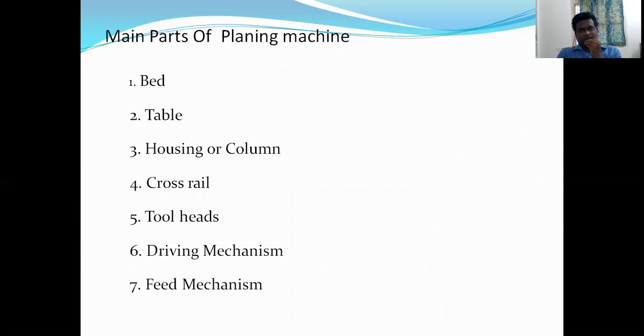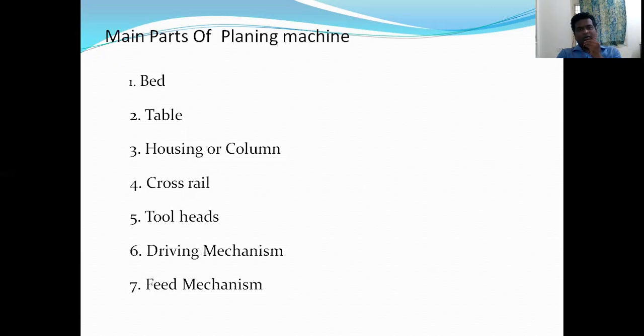These points are covered in our shaper and slotter also. They also have functional details and parts of the machine. In all the parts we have learned, the bed is the main base of the machine. For all machines, the bed is the base of the machine.